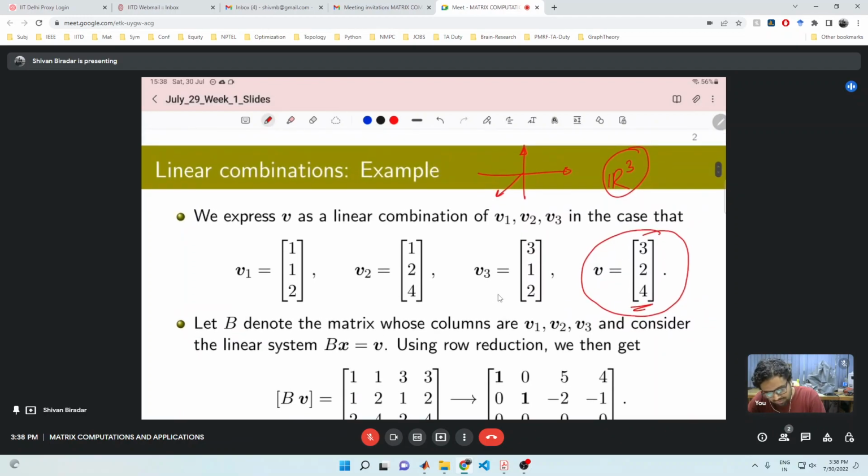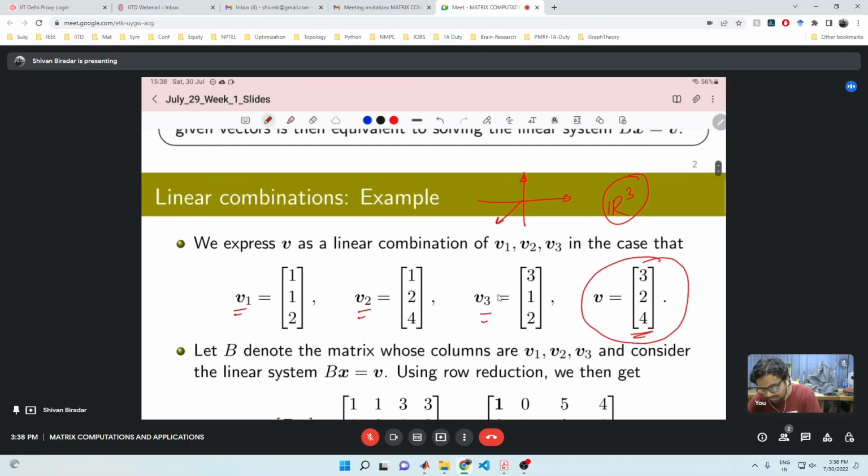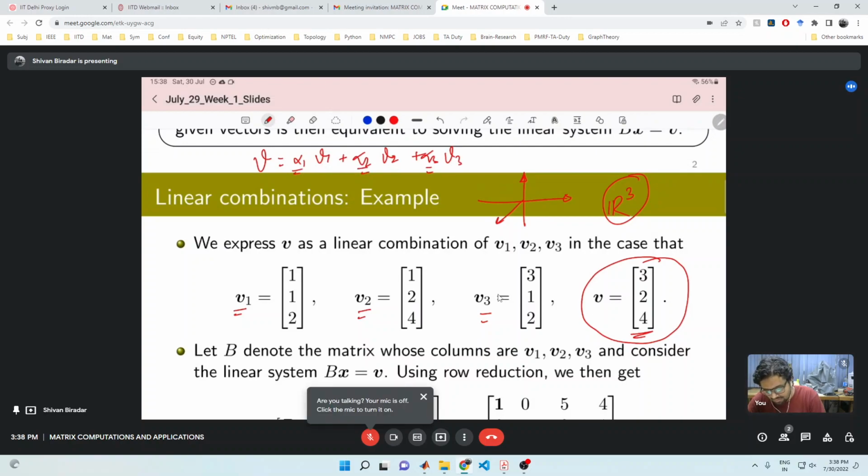In R^3 we have a vector (3, 4), and this can be expressed as a linear combination of v1, v2, v3, which means that v can be written as alpha 1 v1 plus alpha 2 v2 plus alpha 3 v3. You have to find what alpha 1, alpha 2, alpha 3 are such that the linear combination of v1, v2, v3 will give us this vector v.